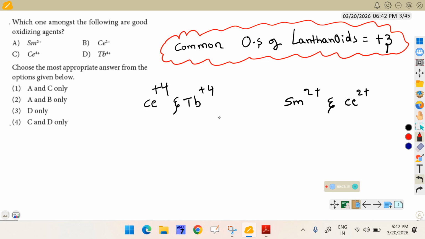Which acts as good oxidizing agents? Cerium and terbium, because these exhibit plus 4 oxidation state. So the elements whose oxidation state is more than the common oxidation state act as good oxidizing agents. The elements whose oxidation state is less than the common oxidation state act as reducing agents.